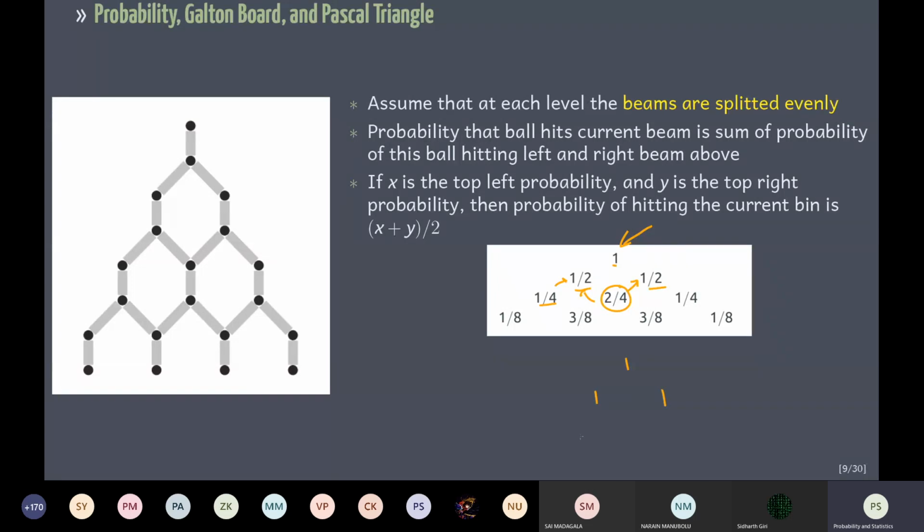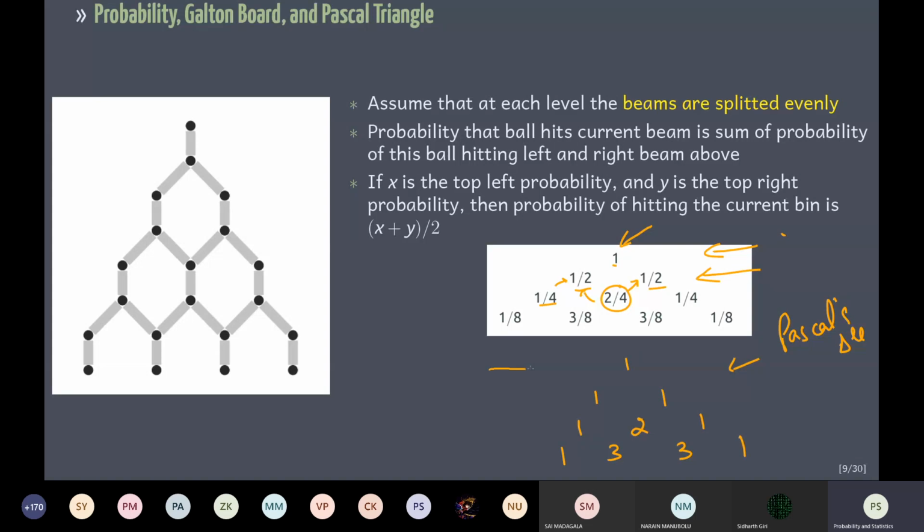So you have 1, 1, 1, and then 1, 2, 1, and then 1, 3, 3, 1. This is Pascal's triangle. What we note about the denominators is that they are nothing but the sums of the rows of Pascal's triangle.